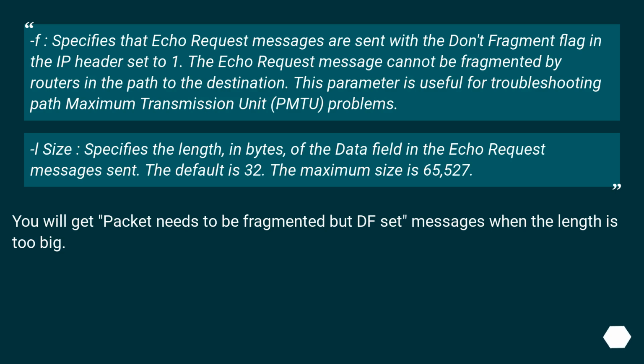This parameter is useful for troubleshooting path maximum transmission unit (MTU) problems. -l size specifies the length, in bytes, of the data field in the echo request messages sent. The default is 32. The maximum size is 65,527. You will get packet needs to be fragmented but DF set messages when the length is too big.